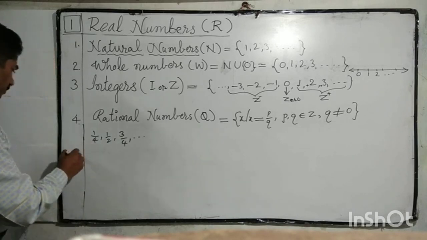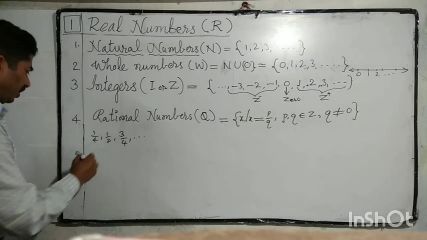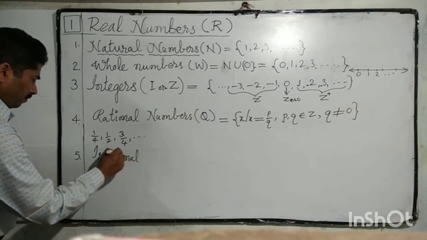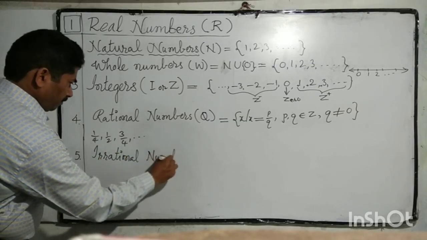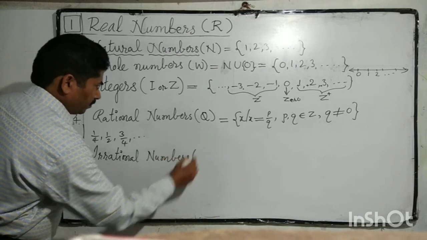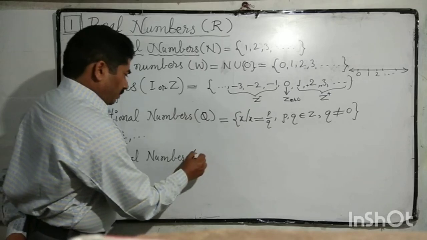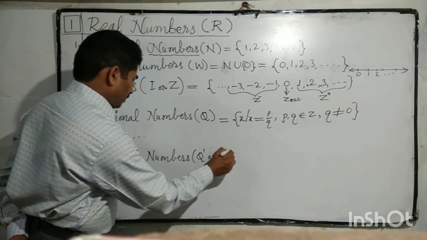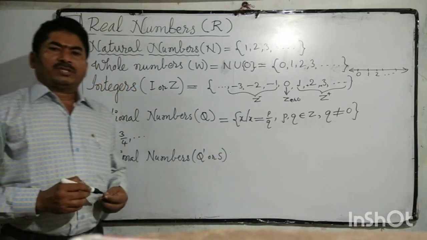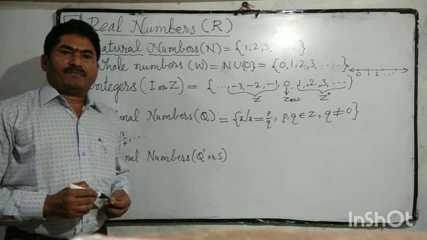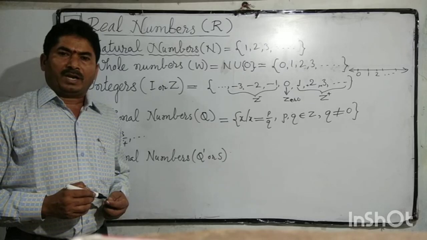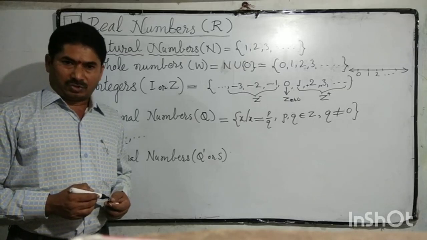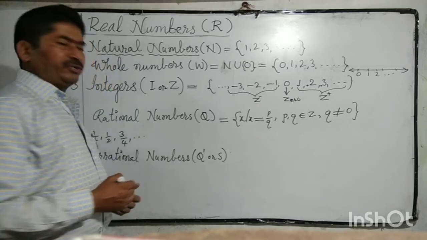Next, irrational numbers, denoted by Q dash or S. The numbers which cannot be written in the form p by q, where p and q are integers and q is not 0, are called irrational numbers.